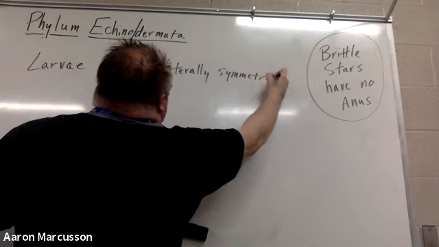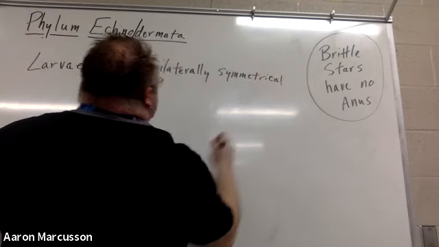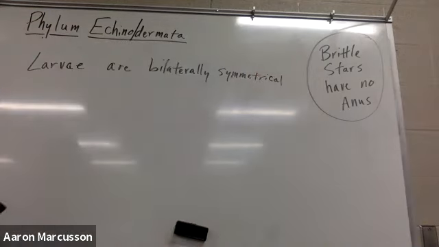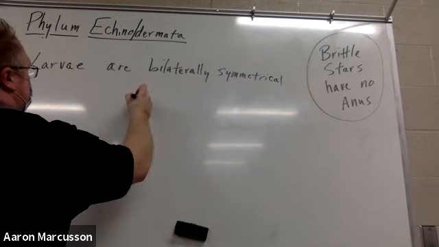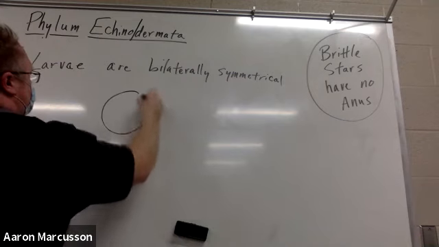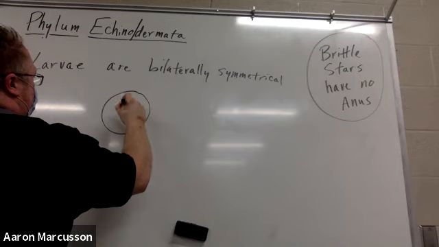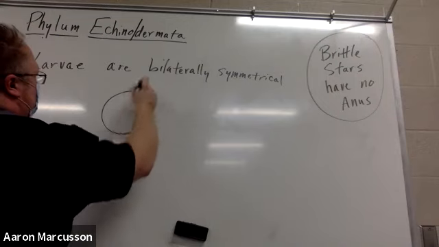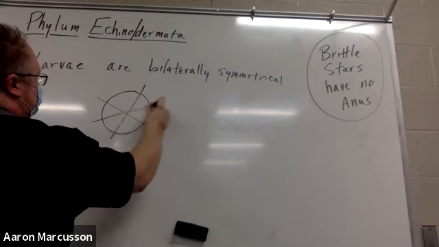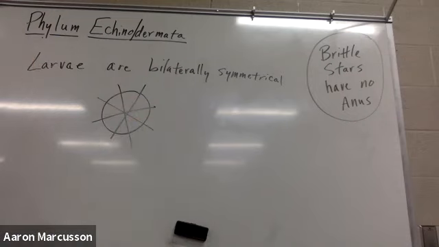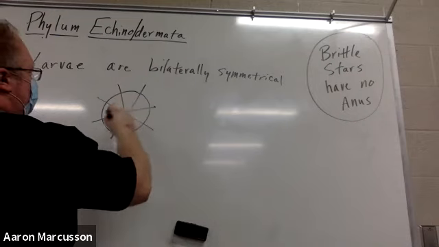Now we talked about symmetry a little bit, right? With cnidarians, if we look at the top of a jellyfish, can we cut it into equal parts many, many, many times, right? That's a radially symmetrical animal.